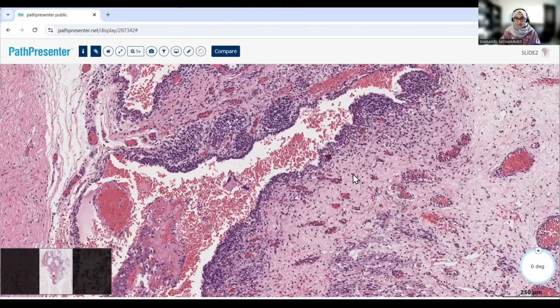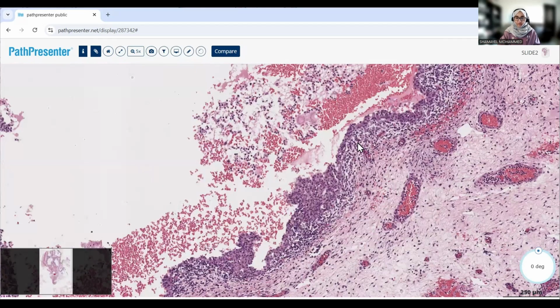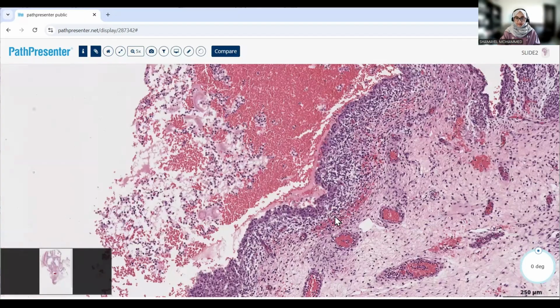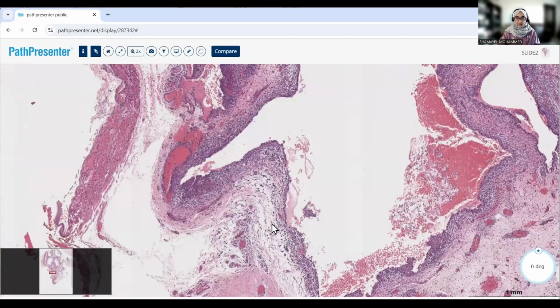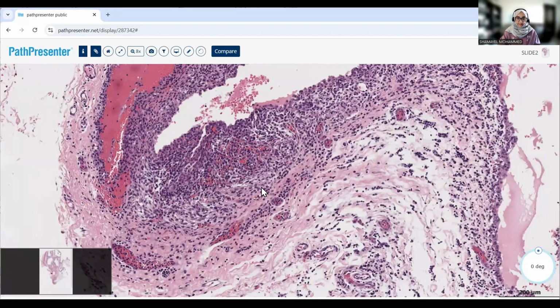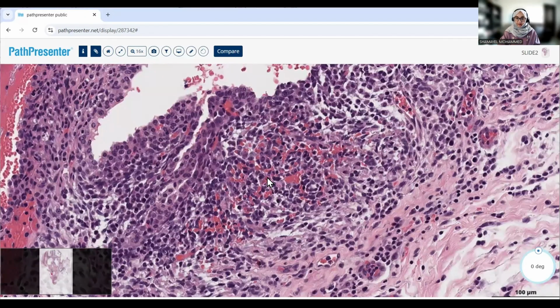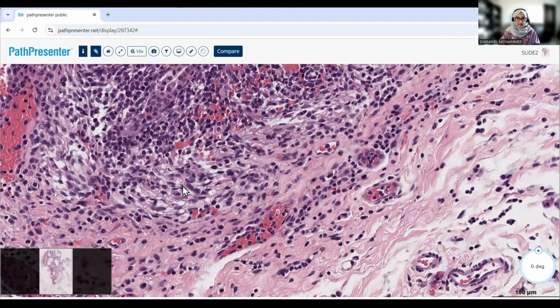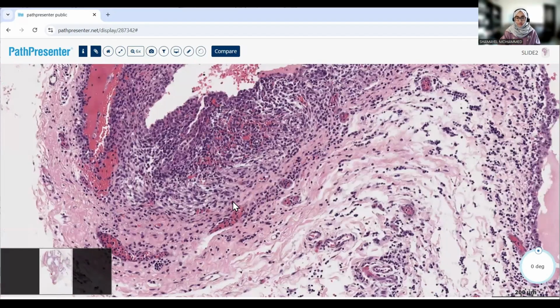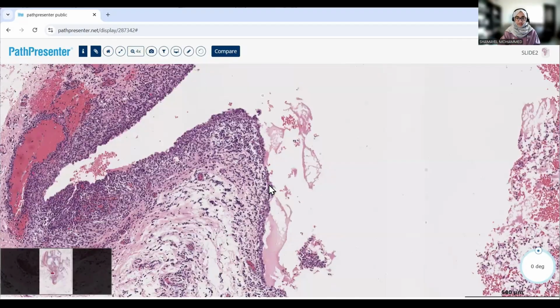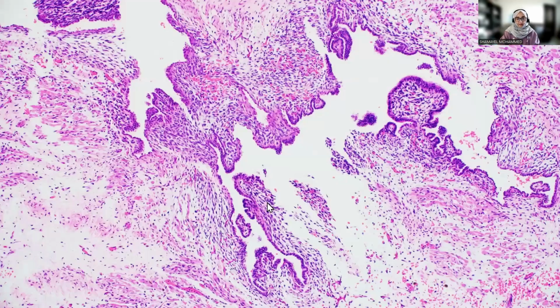Again, if you go around and start looking carefully, you see more and more of these mesenchymal looking or primitive looking atypical cells with hyperchromatic nuclei, and then you see the striated spindle cells and other areas showing you those rhabdoid differentiation.